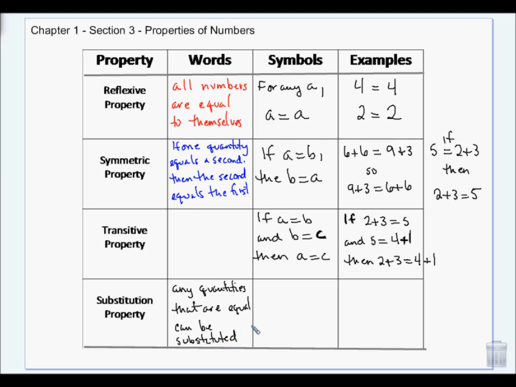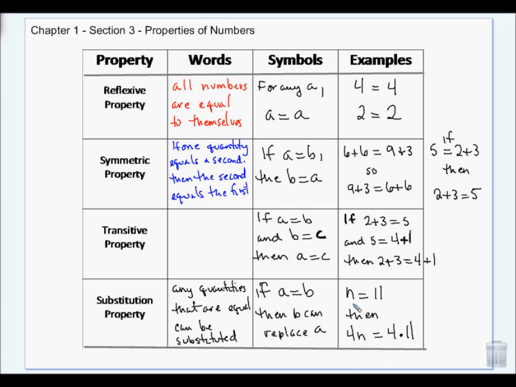Okay, for the substitution property, any quantities that are equal can be substituted. So if you have A equals B, then B can replace A. Example of that, if I have n equals 11, and then I say 4n, I can say that equals 4 times 11.